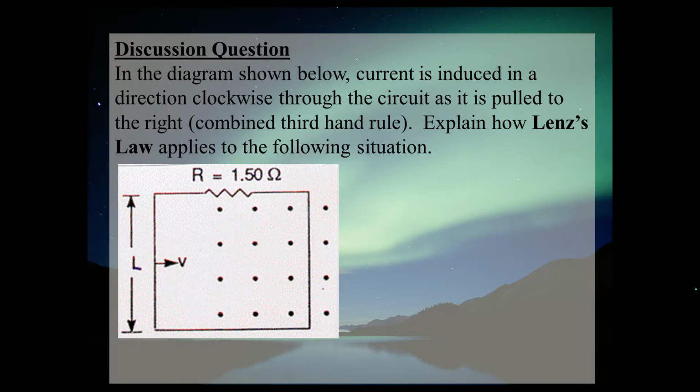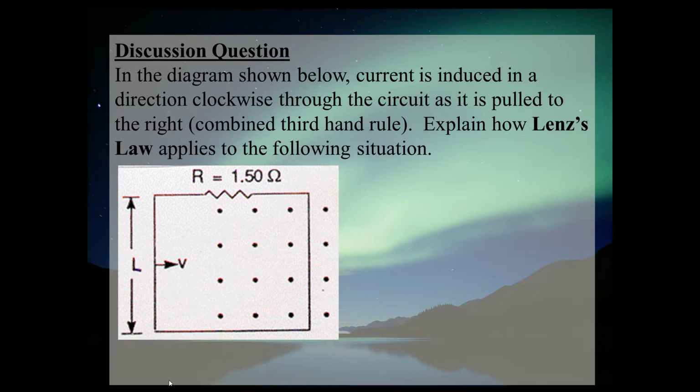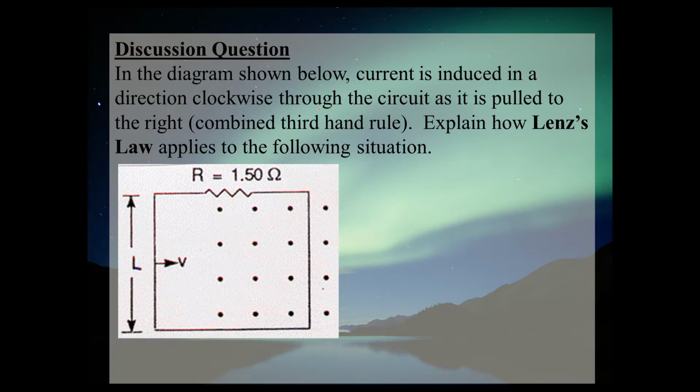Now, it turns out that Lenz's law also applies to this situation. It applies to any scenario where you have current being induced. Okay, so let's try to figure out how this would actually work step by step. First of all, this will be a bit of a repeat from yesterday, but let's just worry about the direction of the induced current. Okay, so let's do induced current.